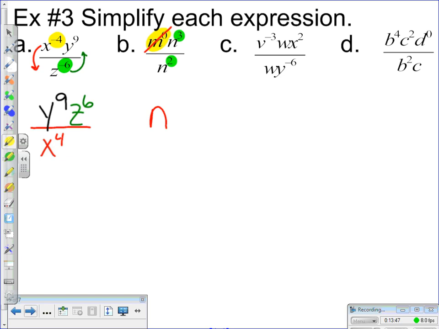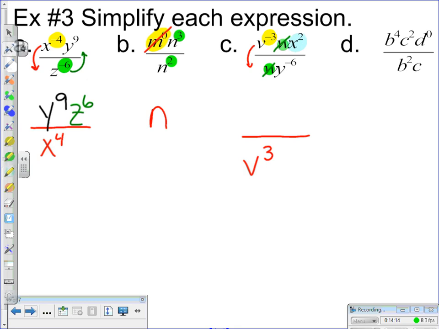In C, there's only the v on the top. Since it's negative, I will immediately move it down and write v cubed. I have a w and a w. 2 w's can be crossed out because there's 1 w on the top, 1 w on the bottom. Now x squared is positive.